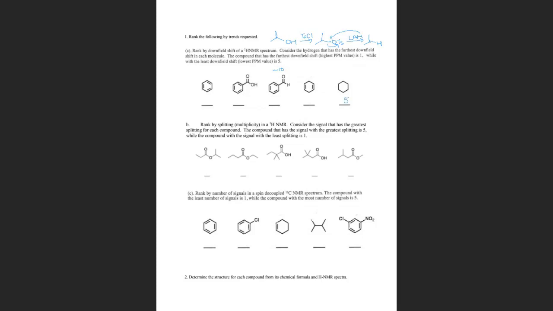Okay, what might be the next least deshielded? Yes, that's right. And why is the cyclohexene a little more deshielded?